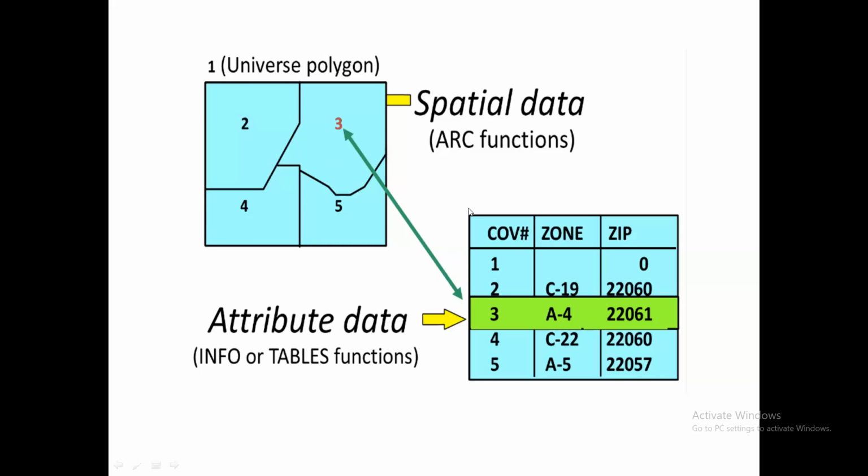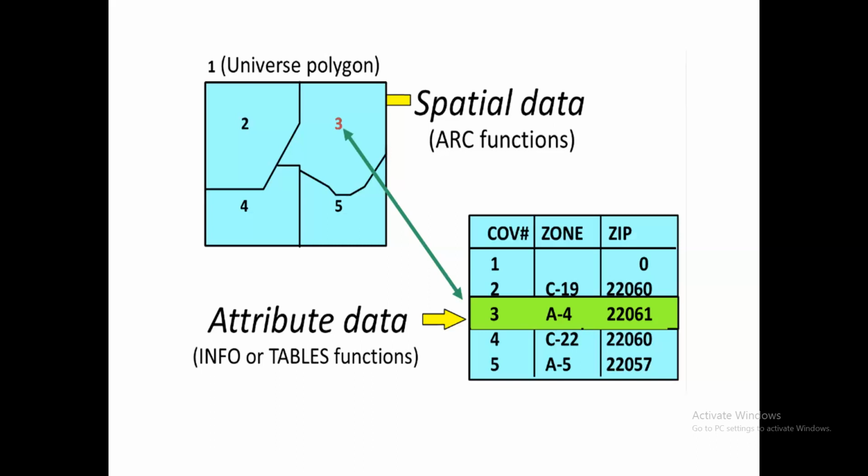In this example also you can see, for the spatial data, a table is allocated. The table represents the attribute data. So for the ID of the spatial data, what is the corresponding zone, and what is the corresponding zip. These are the 2 attribute data associated with this particular spatial data.